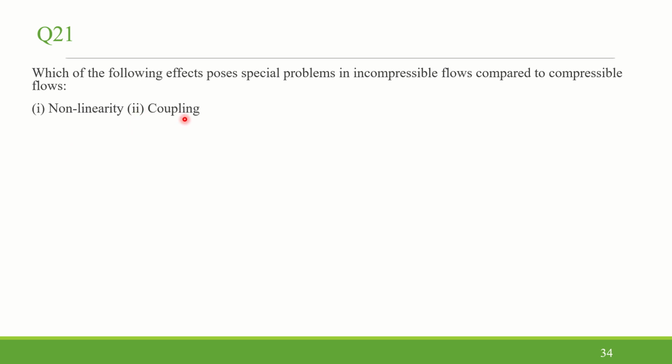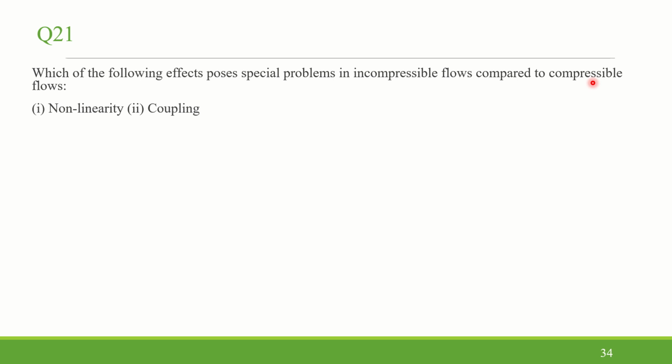Second one, coupling. The question is clearly asking which effect poses special problems in incompressible flows compared to compressible flows. So the problem should be present in incompressible flows, but absent in compressible flows.